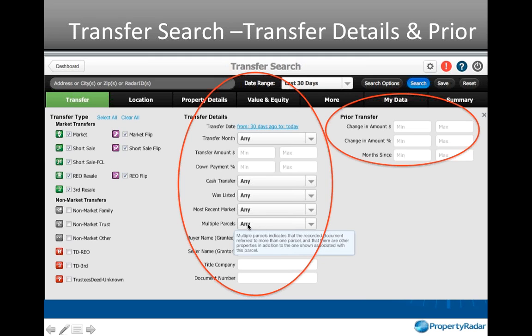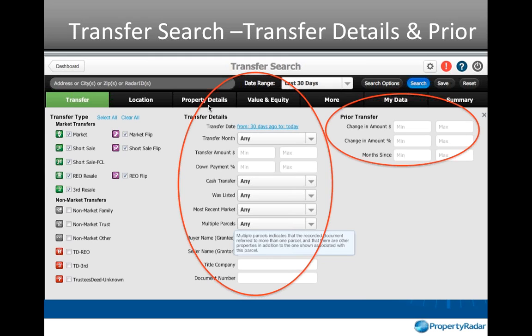Multiple parcels, this allows you to look for the bulk. You can look for specific buyers or sellers. This is different than owner, right? So if you come into property details, there's a section where you can search on ownership, and so imagine I'm looking for a particular buyer of a property over the last couple of years.